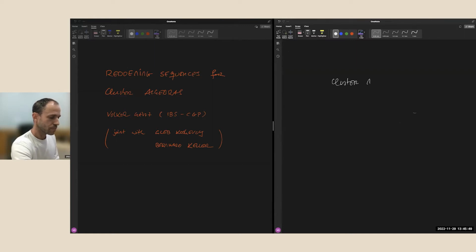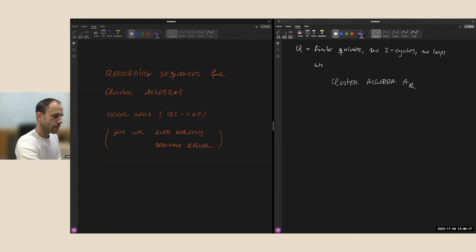So, a cluster algebra A is associated to a quiver Q, where Q is a finite quiver, so a finite directed graph, and we don't allow two-cycles or loops. And let's say we have n vertices.